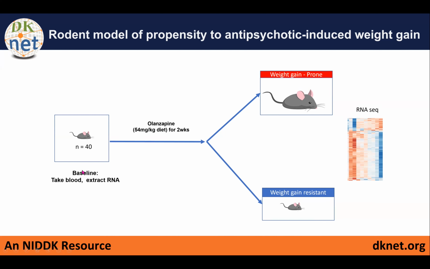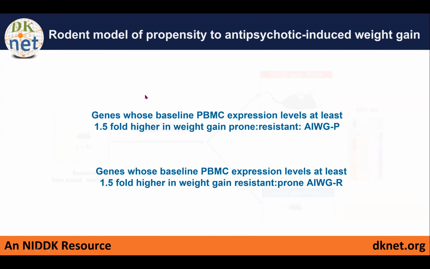They then took this baseline blood RNA from these individuals, and they then did RNA-seq, and they identified two sets of genes.